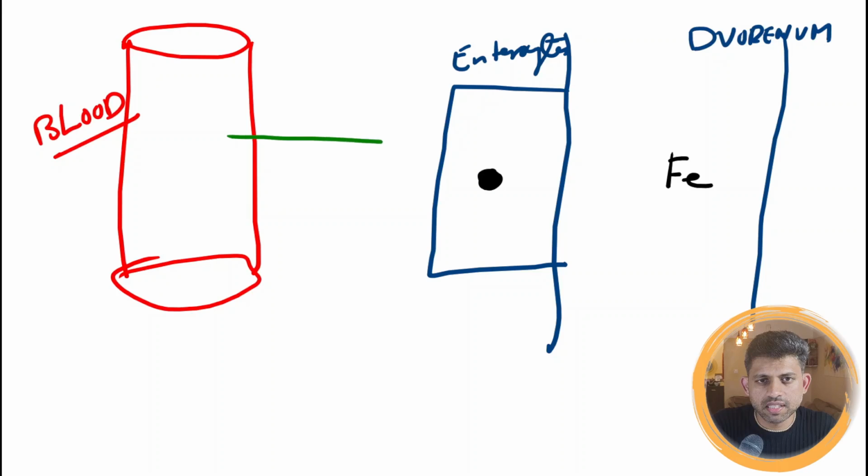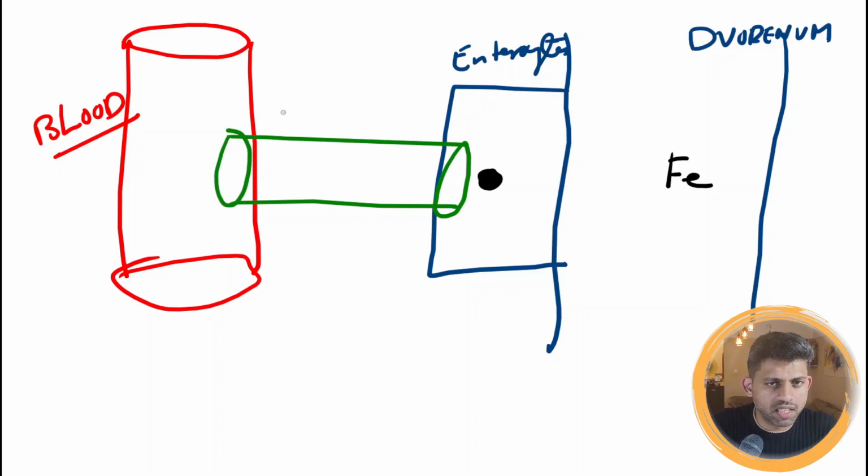It requires a portal or a channel to go from enterocyte into the blood circulation. This portal is called ferroportin. If ferroportin is present, iron from the enterocyte goes through ferroportin and enters the circulation.